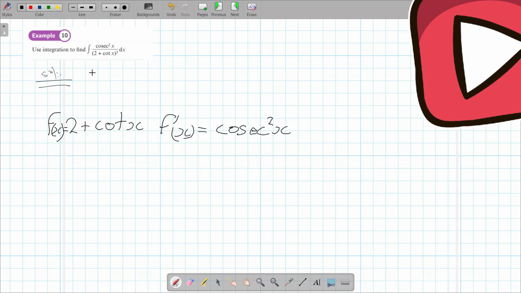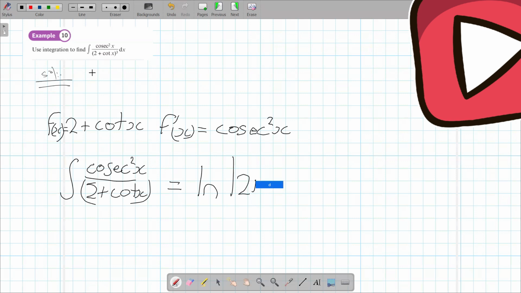So the integral of cosec squared x over 2 plus cot x, whole cubed.